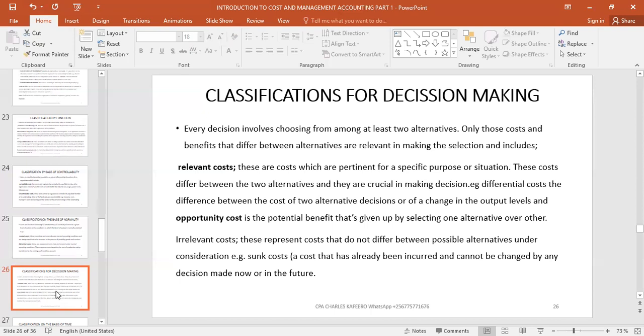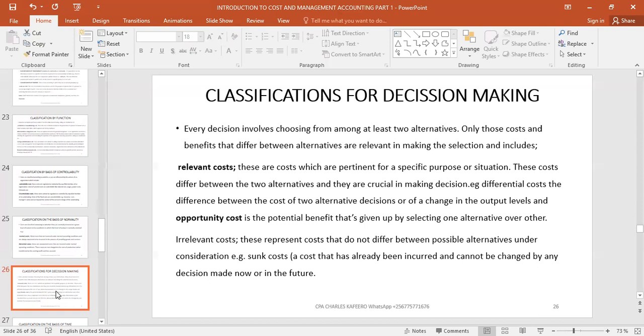These are examples of the costs which we incur when making decisions, like the opportunity cost. Opportunity cost is the potential benefit that is given up by selecting an alternative idea over the other. It is the alternative foregone when the actual decision has been made.